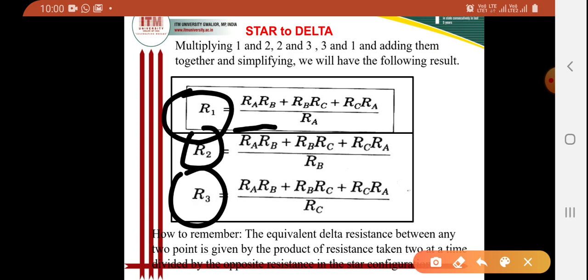Similarly, for R3, the numerator is RA RB plus RB RC plus RC RA, and the denominator is RC.